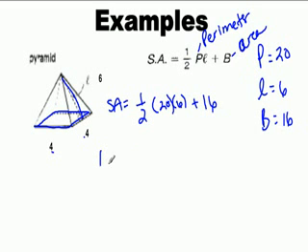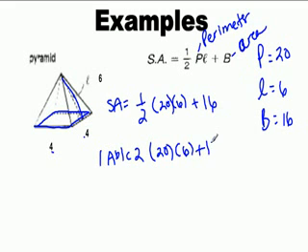Well, on your calculator, you're going to hit 1, A, B slash C, 2, times 20 times 6 plus 16. So let's go ahead and do that. 1/2 times 20 times 6 plus 16. You should get 76 units squared.